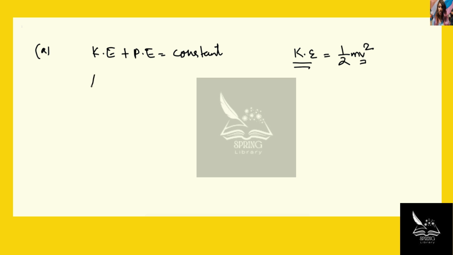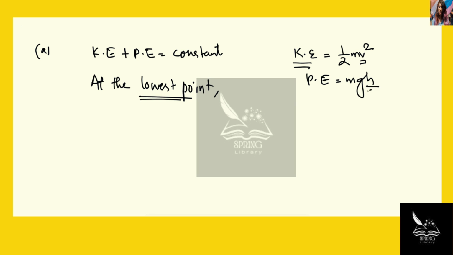Now, at the lowest point of the motion of the pendulum, potential energy is minimum because we are talking about the lowest point, and potential energy depends on the height from the ground. Therefore, at the lowest point, the height is minimum. Therefore, potential energy is minimum.